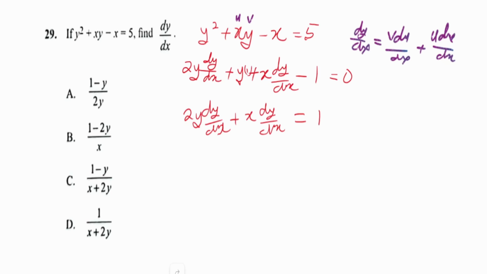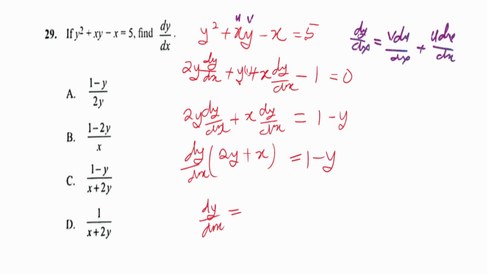Then when positive y comes to the right side, it becomes negative y. Then when we factor dy/dx out, because it's a common term, I'm going to have dy/dx multiplying 2y plus x, and that will be equal to 1 minus y. Dividing both sides by 2y plus x, I'm going to get dy/dx equal to 1 minus y all over 2y plus x.